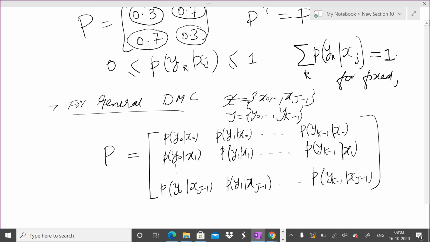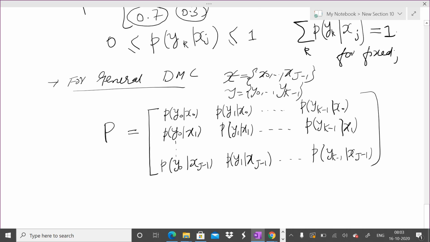This is just a generalization of what we have written for 2 cross 2. So it is a J cross K matrix, and it is also called the channel matrix.